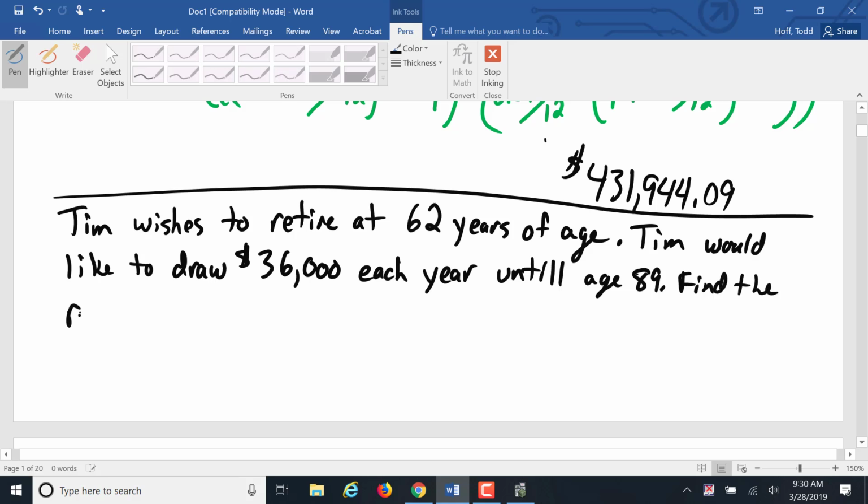Find the required present value if Tim earns, let's make this simple, a flat 5% interest.